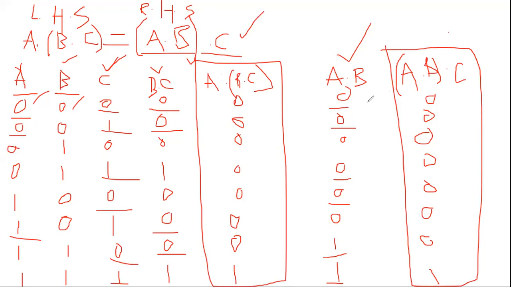If you take the symbols, how do you draw the symbols here? A dot B dot C. That means first we are writing B dot C. This is the AND operation, AND gate.